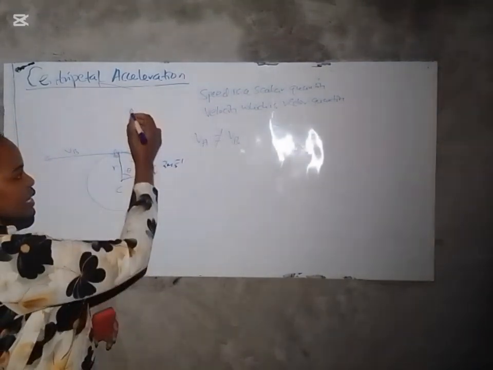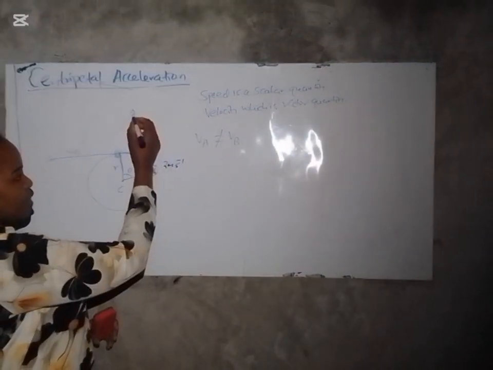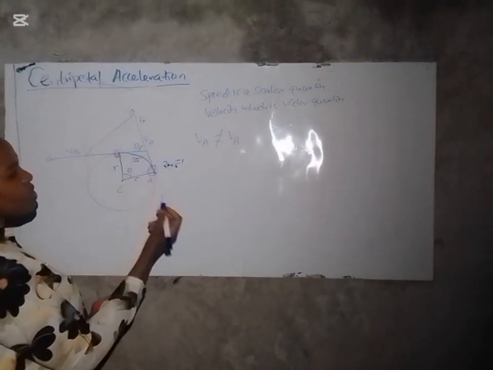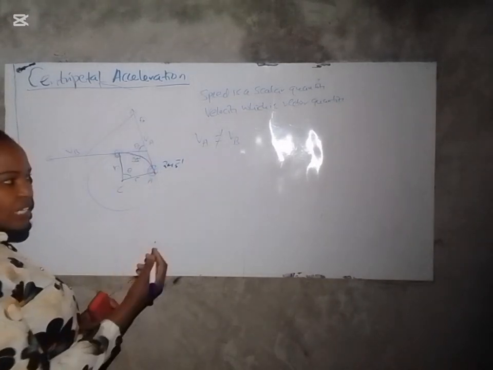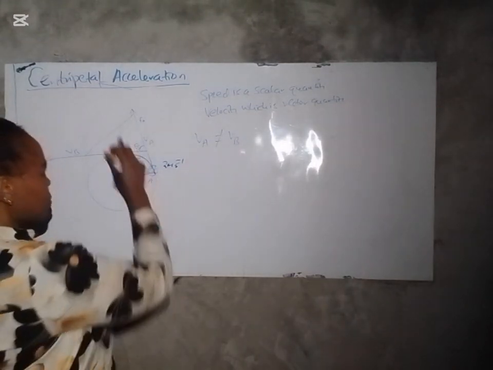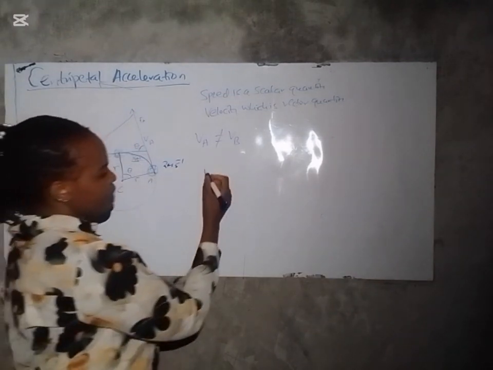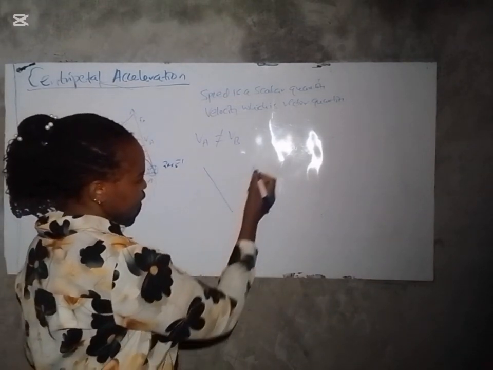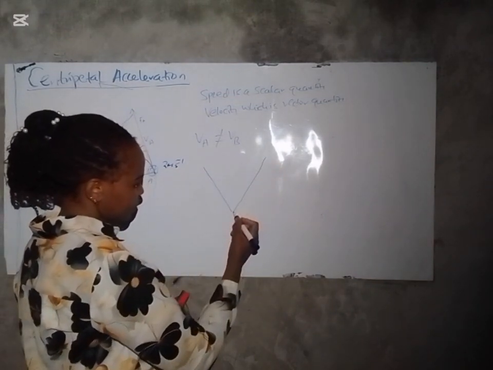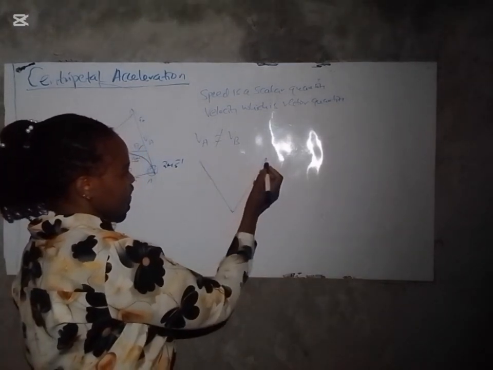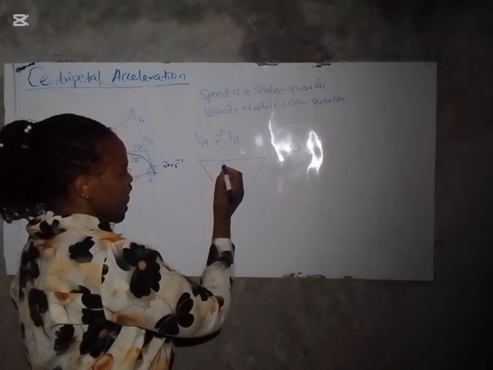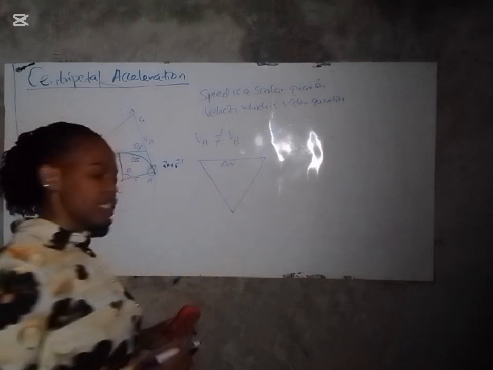So when talking about change in S prime, we are talking about change in arc length. Now what is changing in this triangle here is the velocity. What is constant is the speed. So if I were to redraw this triangle, I would draw it like this. We'll have that as my delta V. Why delta V?